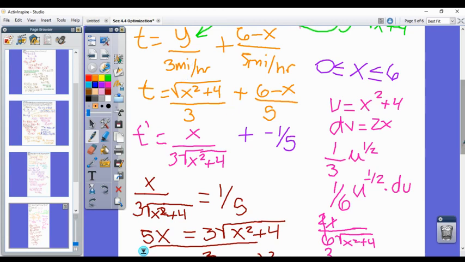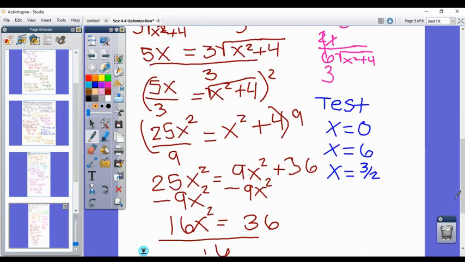So when I plug in x equals 0, I'm going to get 28/15. When I plug in 6, I'm going to get about 2.108.